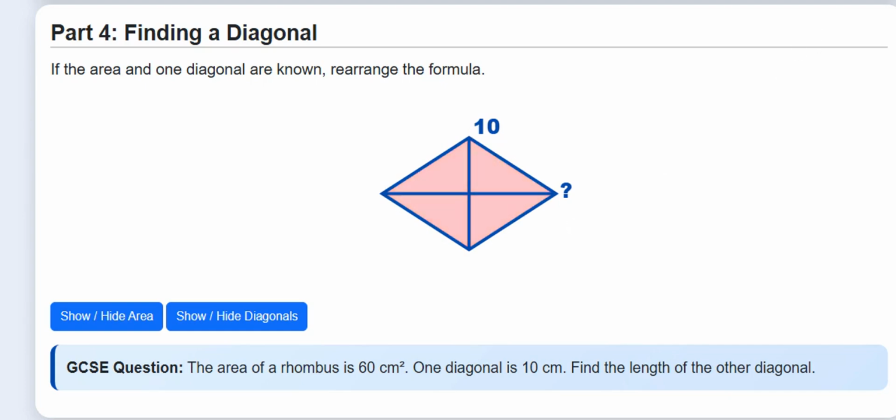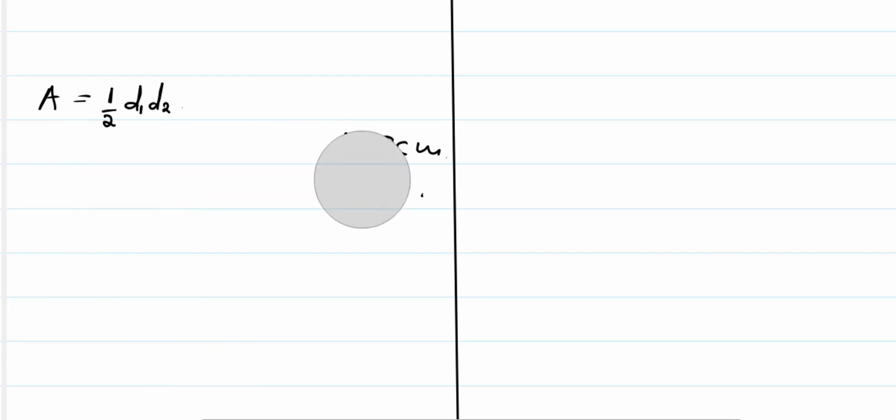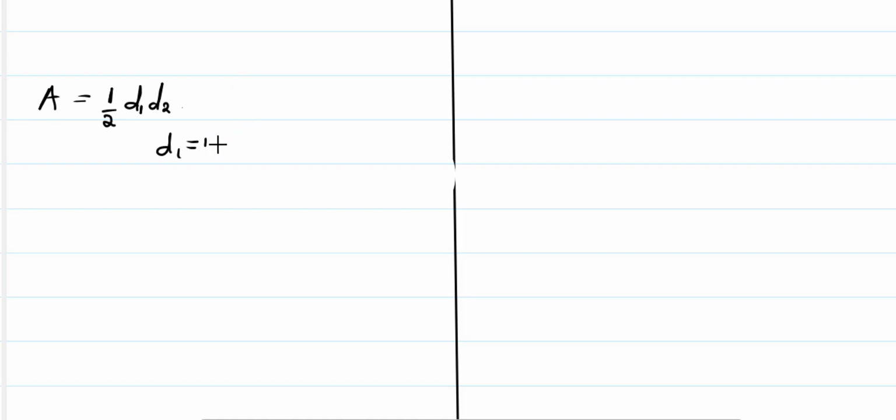So here, I can delete first this part here. So we already know d1. We can call it d1 here, and it is 10 centimeters. Then we don't know d2, it is the one we are asked.